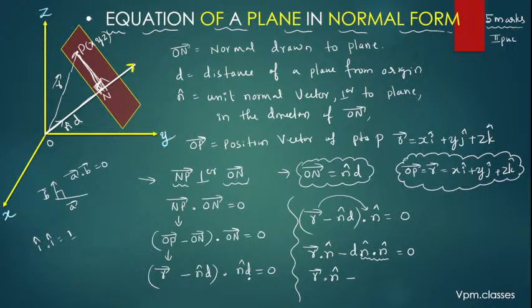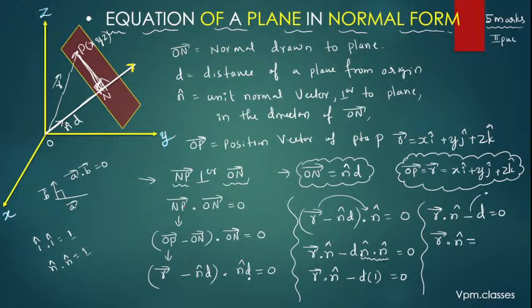So n cap dot n cap is equal to 1, and I get D into 1. Finally we get r dot n cap minus D equal to 0, otherwise r dot n cap is equal to D.